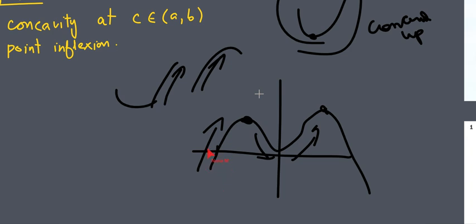This is an increasing function, but this is not concave up. If you look at the behavior at this point, the function is moving from this to this, so it is concave down. At this point, the function is moving from this to this, so it is concave up.